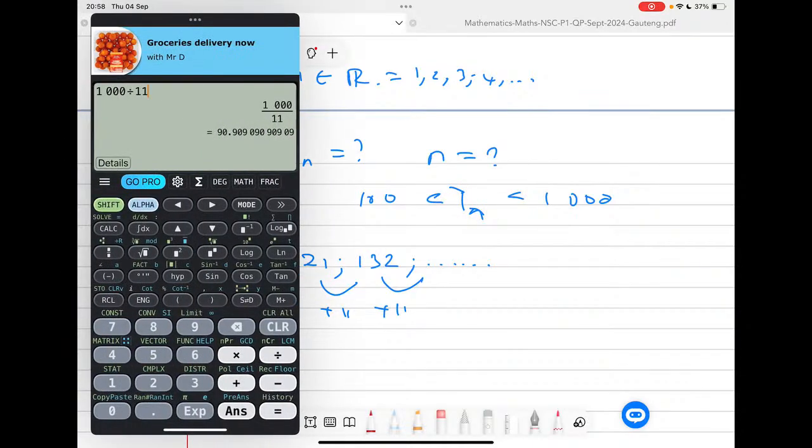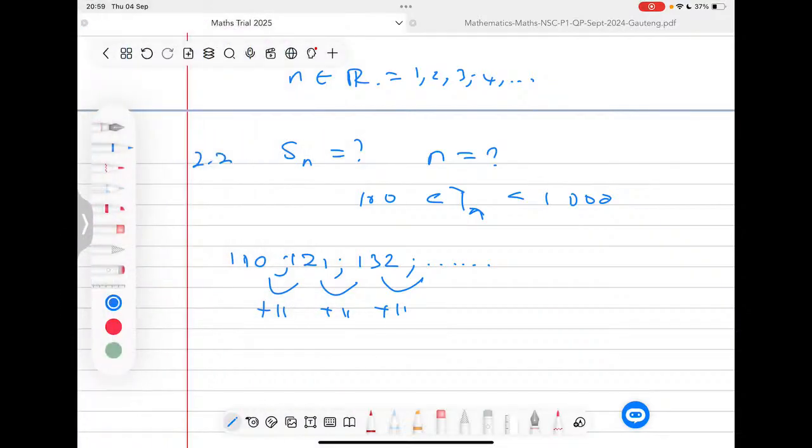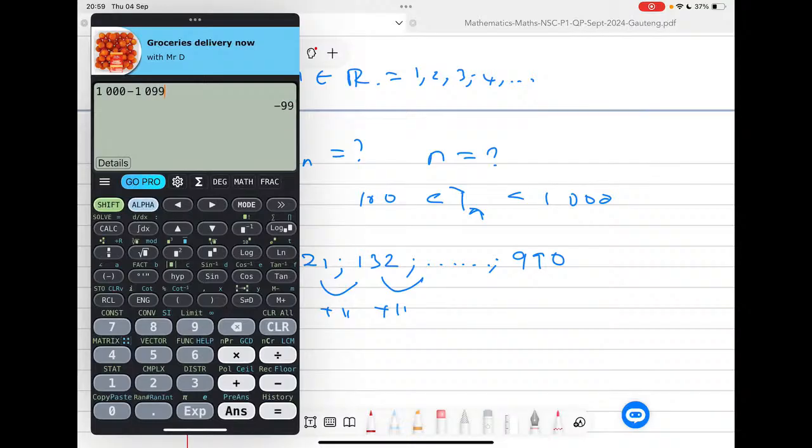Now, in the same way how we began this, if you say 1,000 minus 10, you get 990, right? So here we are going to have 990. And then if you say 990 divided by 11, it goes exactly 90 times.